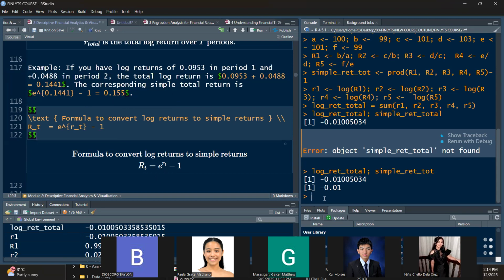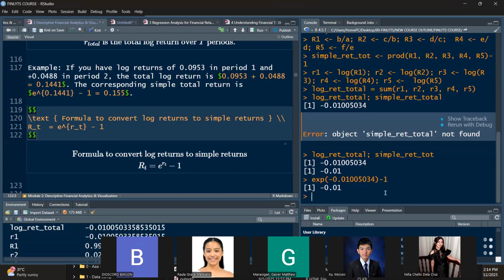Let's see if it will work here, class. If I get the exponentiation of e to this one, copy, this one, right? And then minus 1. You can see that it's correct, plus negative 0.01.